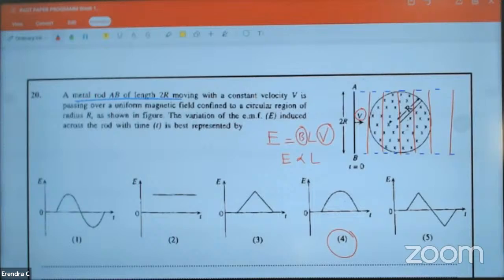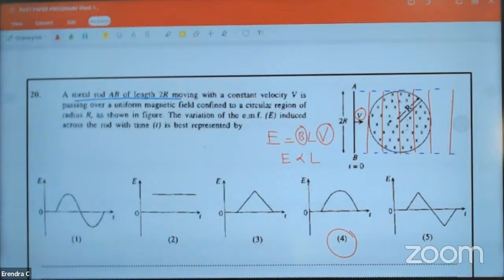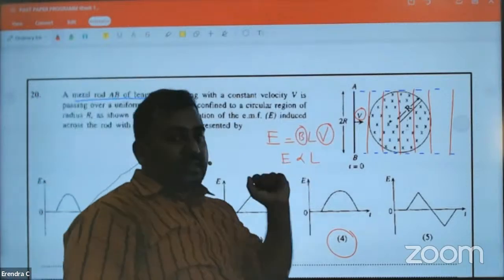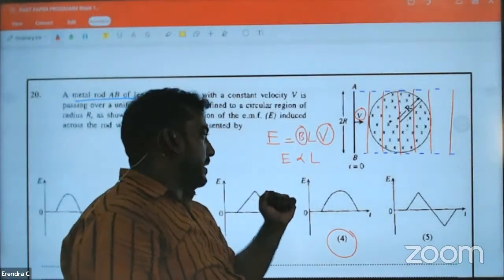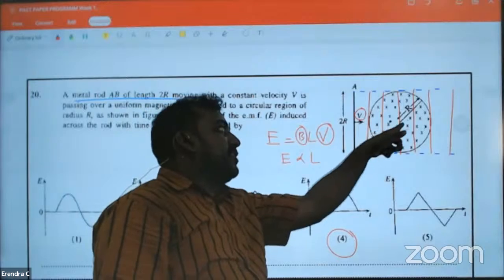Here, the length gradually increases. If the length increases, the induced EMF will also increase.